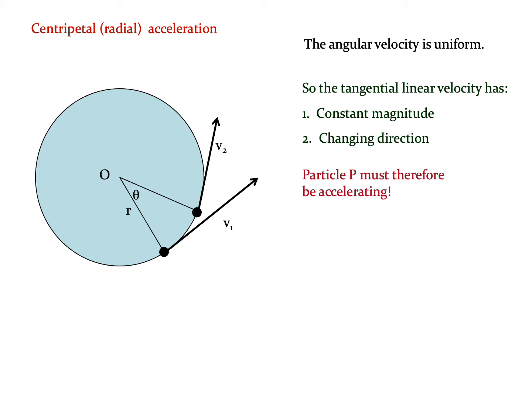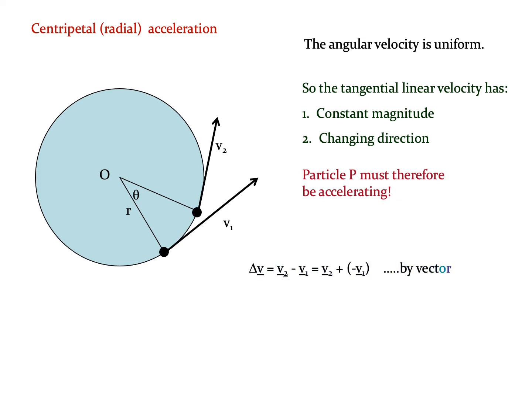So although this particle is going round at a nice uniform angular velocity, same number of radians per second all the time, it must by definition be accelerating. It must be accelerating because its direction is changing. So let's try to work out an equation for that acceleration and discover what its direction is.